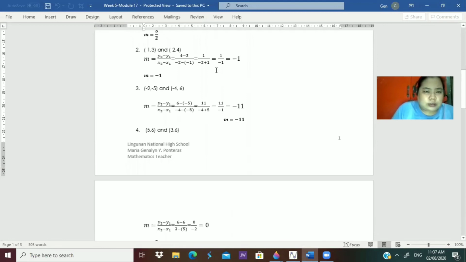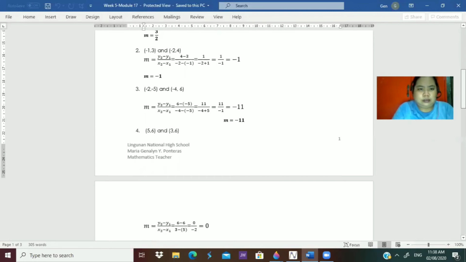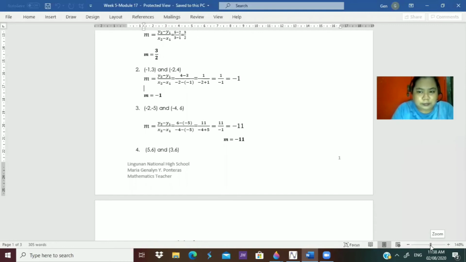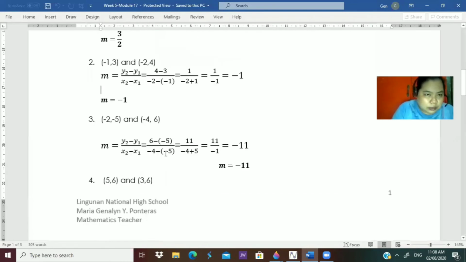Okay. So number 2, negative 1, 3, negative 1, 3, negative 2, 4. So ito po yung computation ko sa taas. I-zoom natin ng konti. Negative 1 and 3 and negative 2, 4. So ganyan pa rin yung ginawa ko. Y sub 2 minus y sub 1.